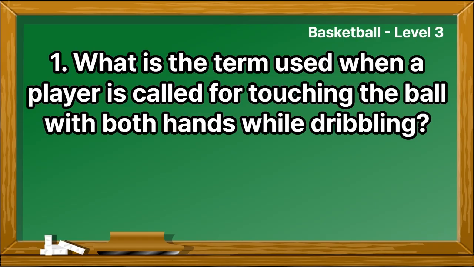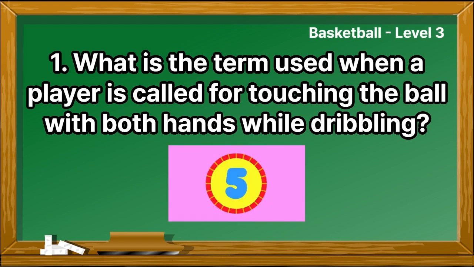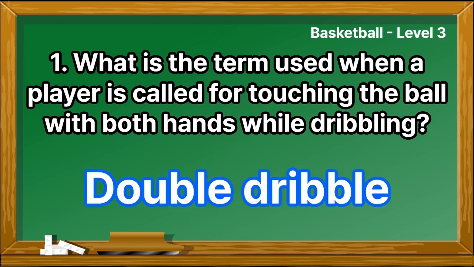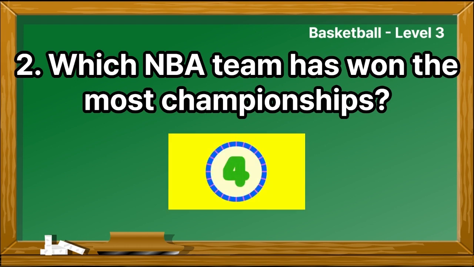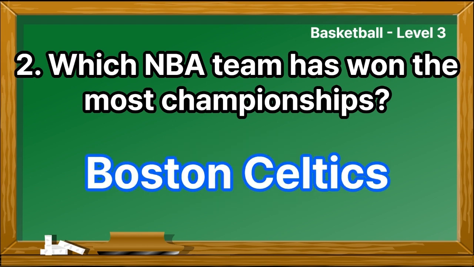What is the term used when a player is called for touching the ball with both hands while dribbling? Double dribble. Which NBA team has won the most championships? Boston Celtics.